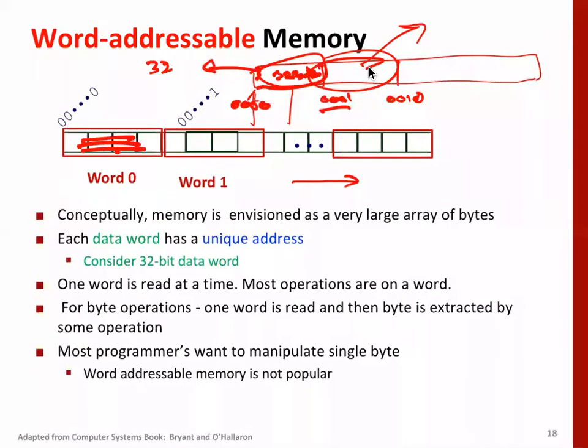Here one word is 32 bits, and word addressable means that we are addressing each word, not each byte. There may be 4 bytes in the word, but we are not bothered about it. The address will be only that of the beginning of the word, so here 0000, this is 0001 and so on.